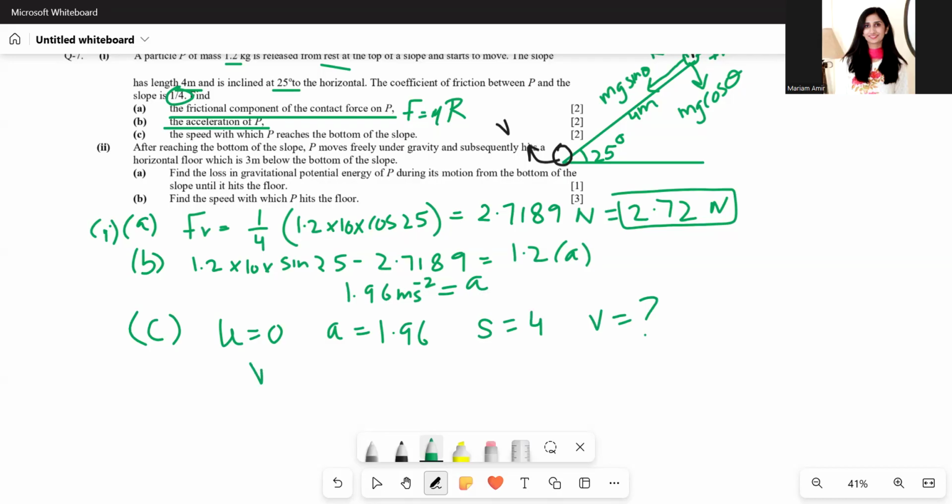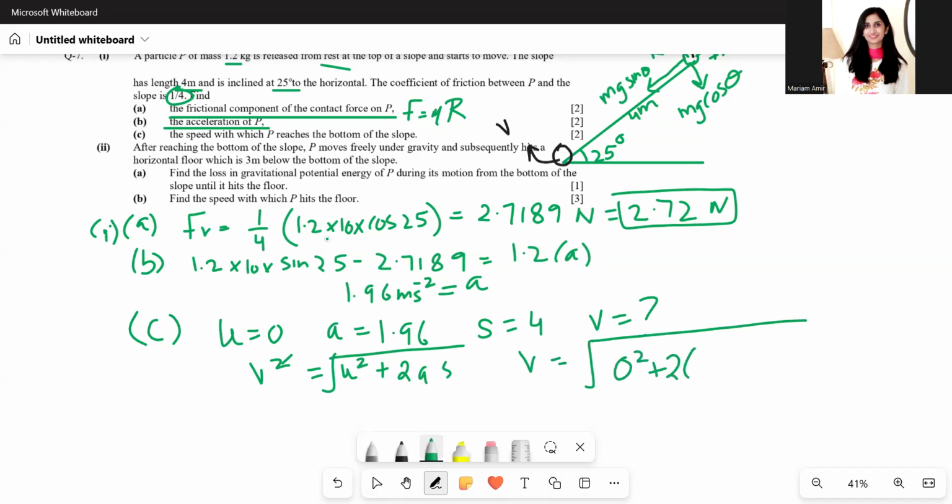So v square equals u square plus 2as, and then we square root this to get v. v is equal to square root of u square, which is 0 square, plus 2as. What are we getting for v? 3.96 meters per second.